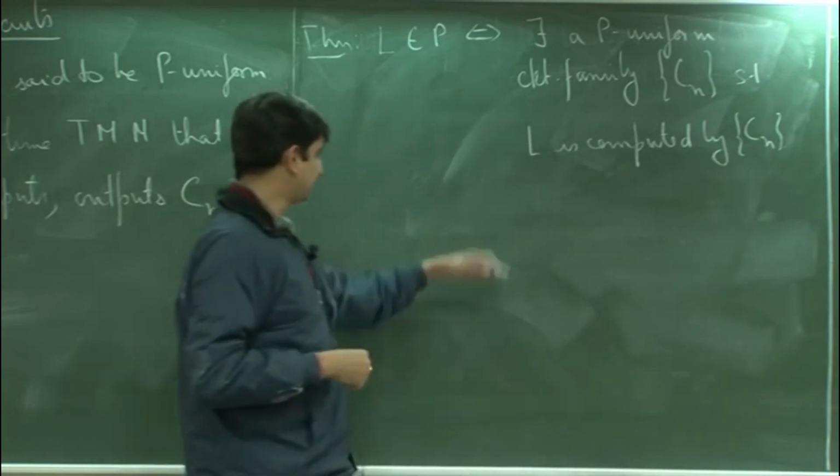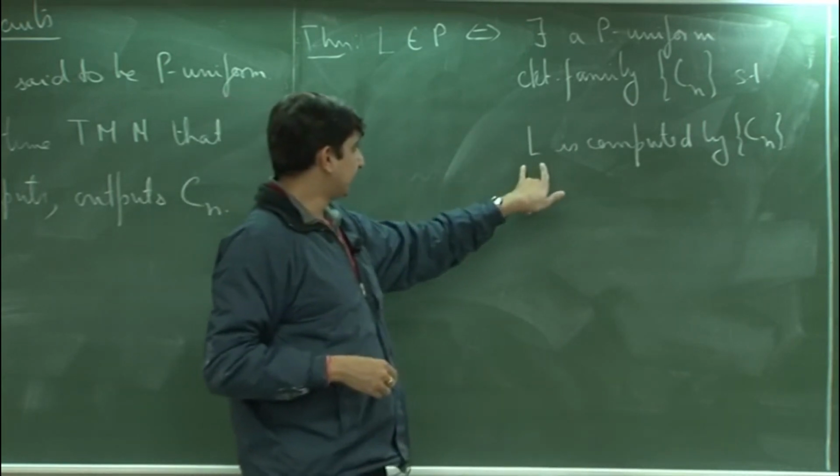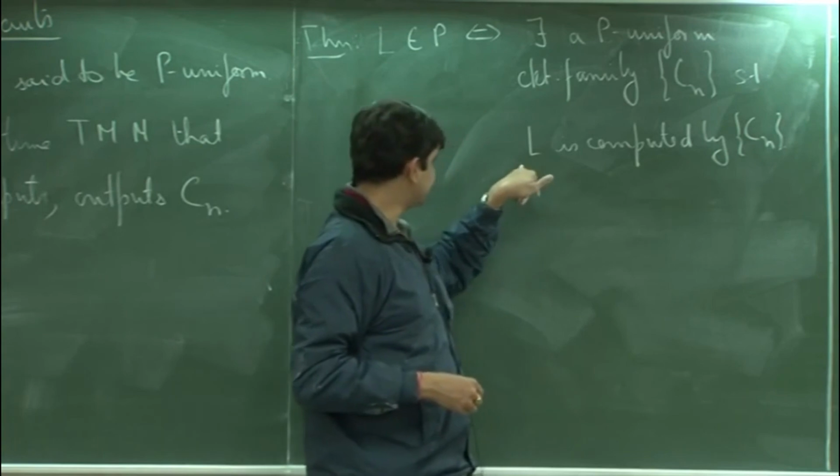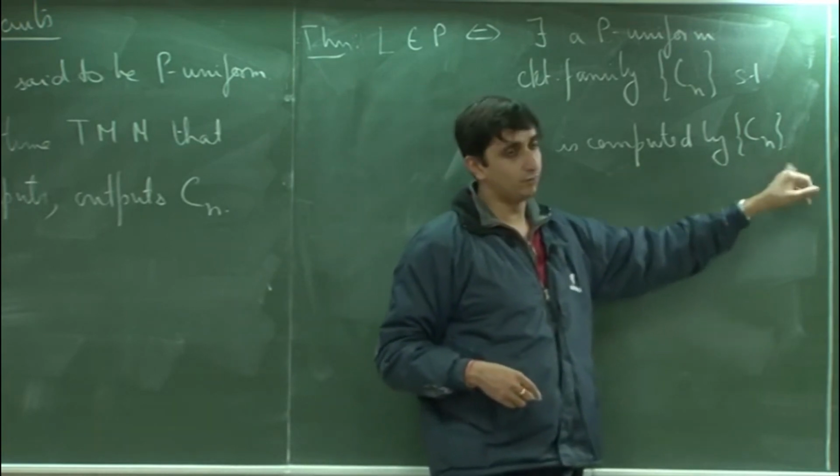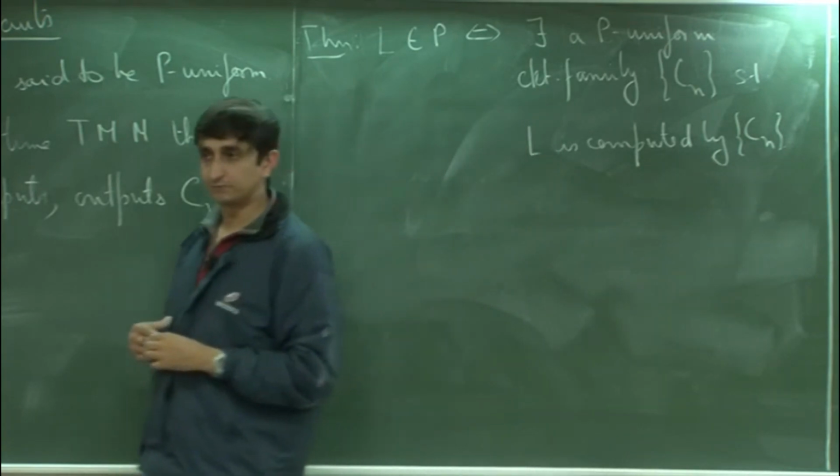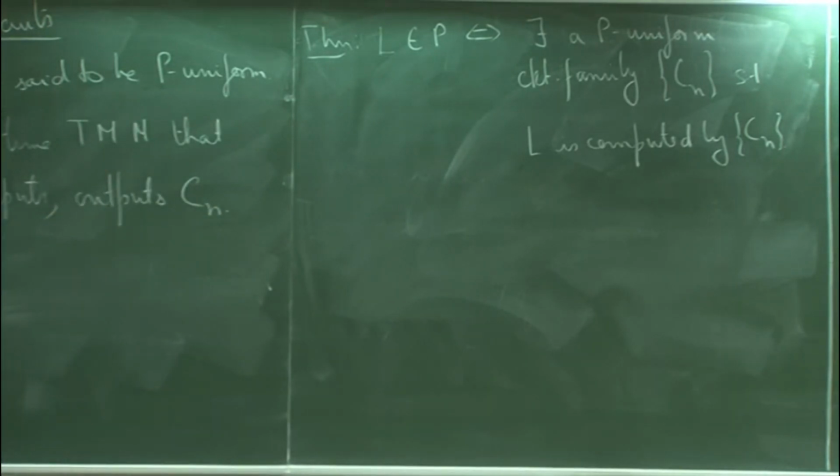In other words, if you look at any string of length n and that string is in L, then C of n would output 1, otherwise 0, the usual definition.